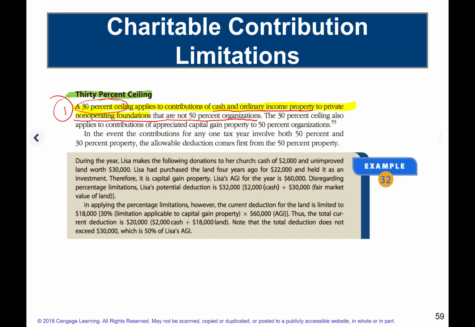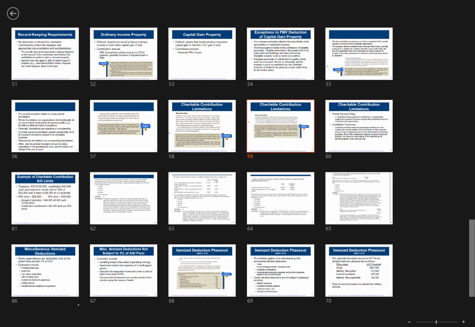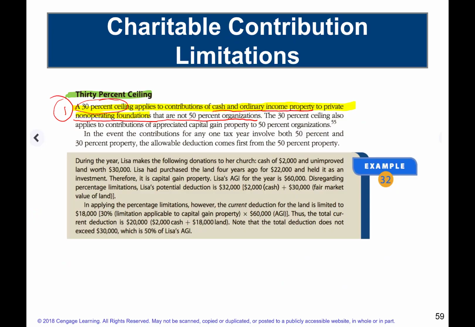Okay. Now they tell us here that the 30% ceiling also applies to contributions of appreciated capital property to 50% organizations.